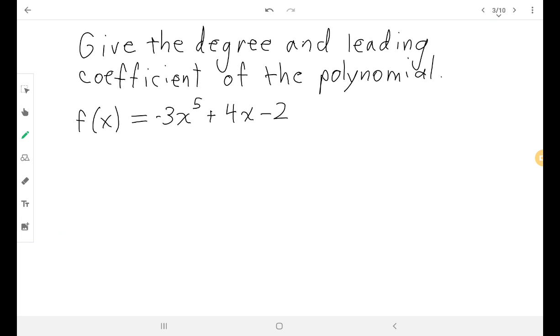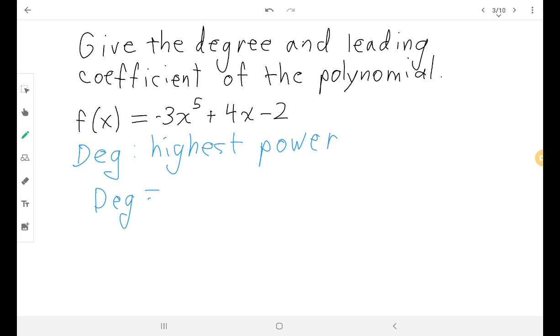This question asks us to give the degree and the leading coefficient of the polynomial. So two things that we got to know here. How do you define degree? The degree of a polynomial is just the highest power. So the degree equals that highest power right there. So the degree is 5.